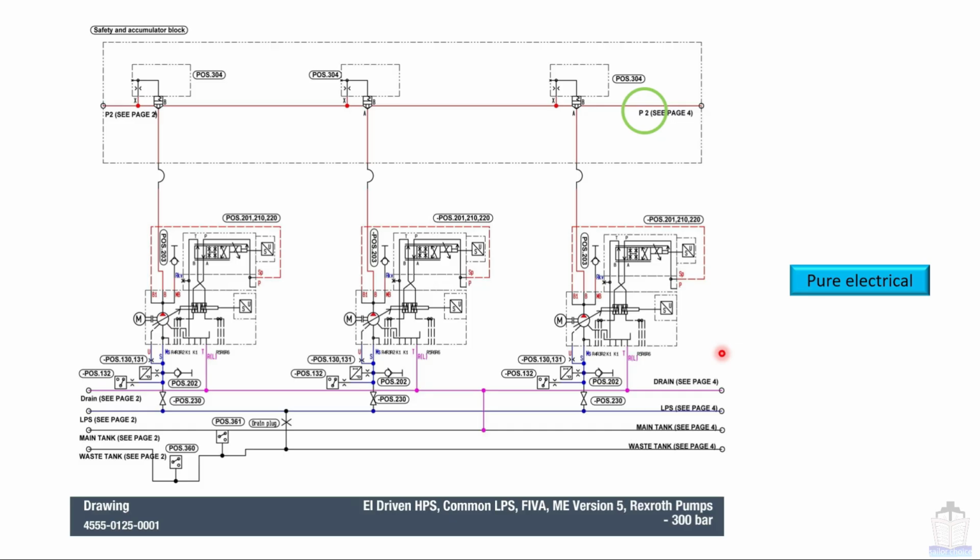Now here I want to emphasize one point: all proportional type swash plate pumps need a feedback from the outlet line in order to function properly. For example, in this system, this arrow denotes that this swash plate pump is of proportional type. That means it requires feedback to function properly.